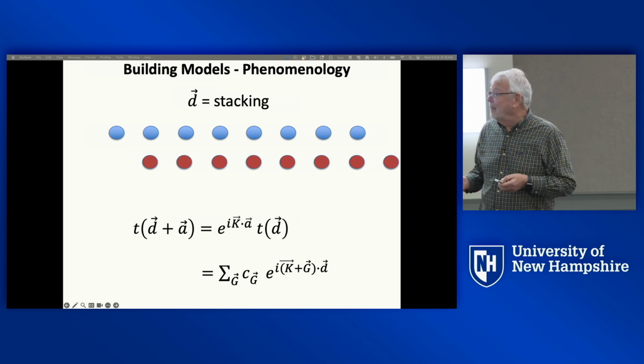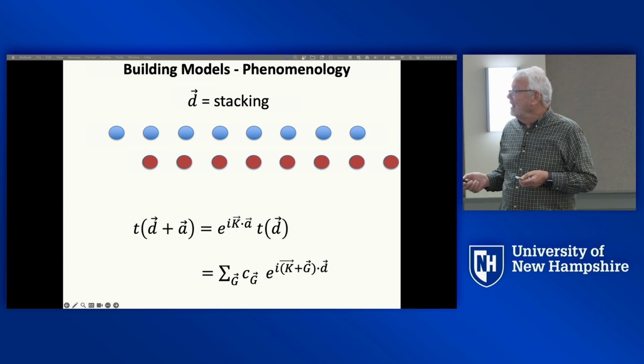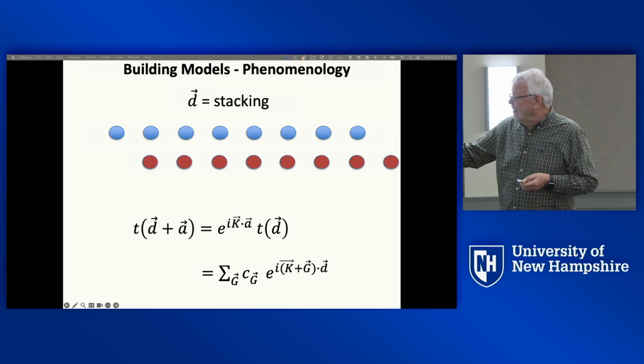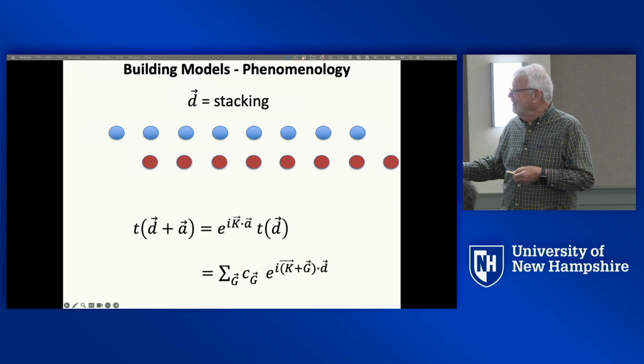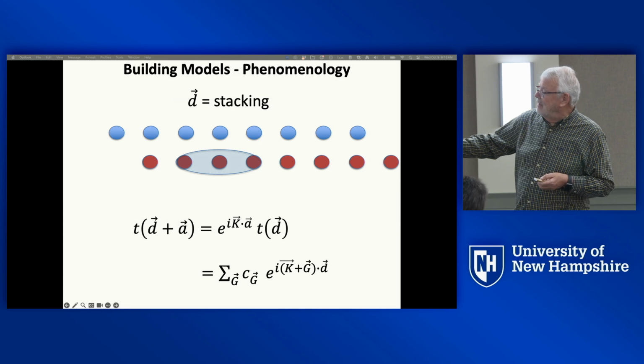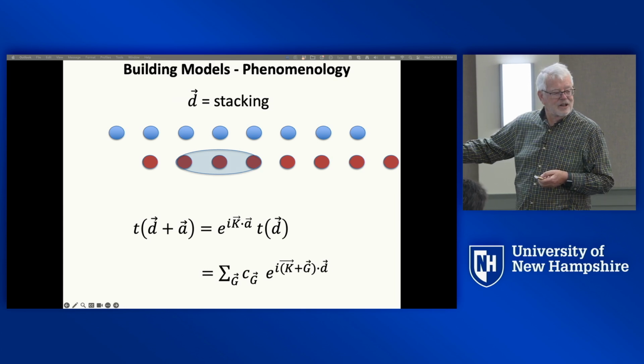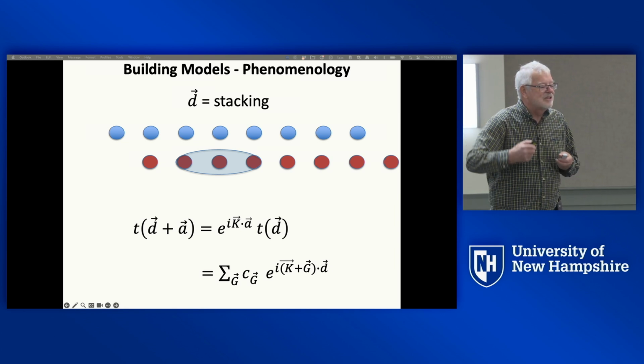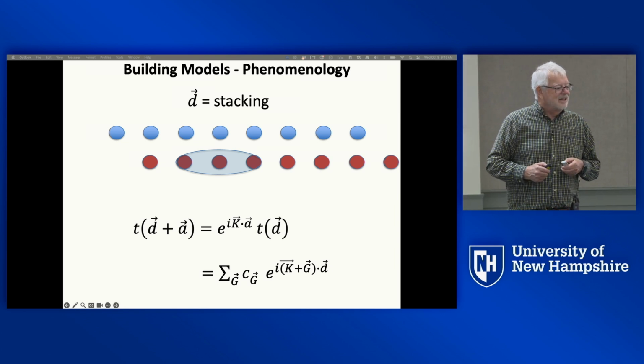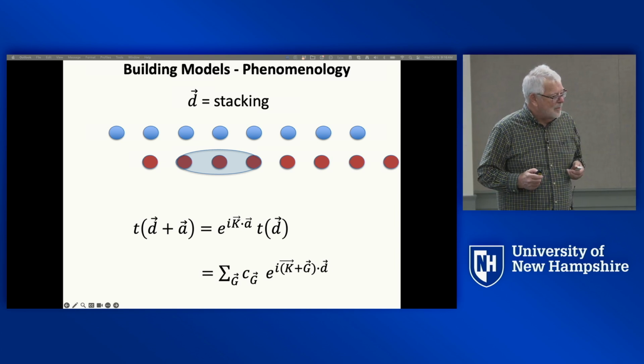And so let me just make one more point here. So actually, a blue electron can tunnel to the red layer. It doesn't tunnel just to the closest atom. It tunnels to a bunch of atoms nearby.